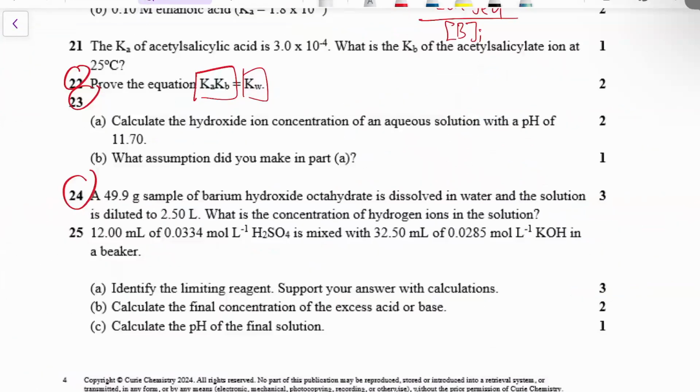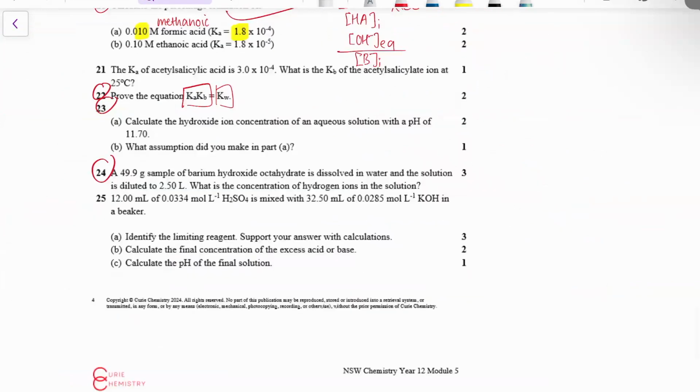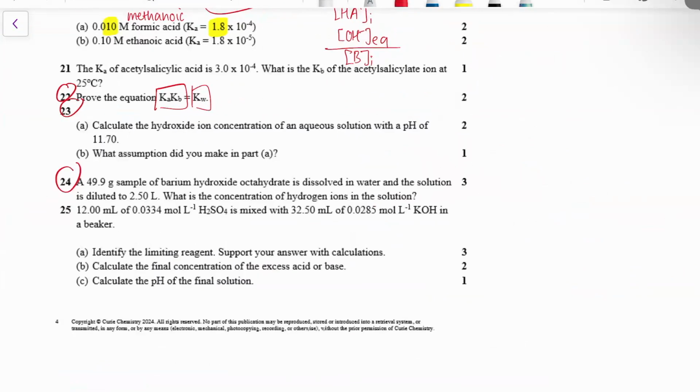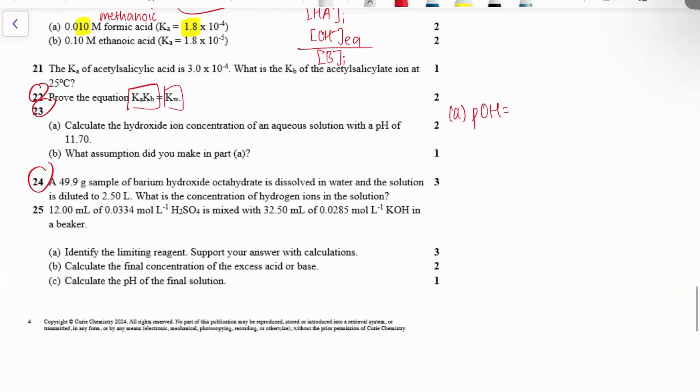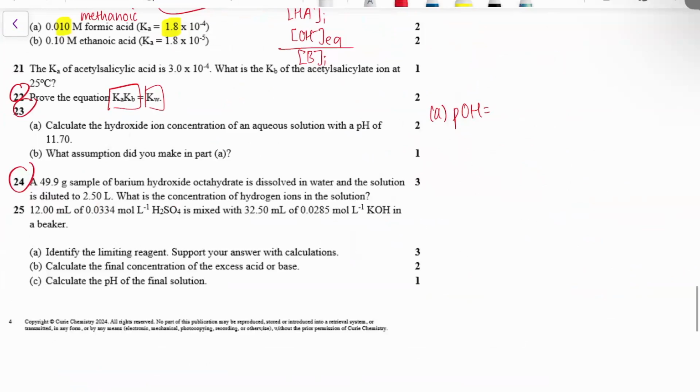23A, calculate the hydroxide ion concentration of an aqueous solution with a pH of 11.7. Hydroxide is OH minus, so I don't want to be working with pH, I want to be working with pOH. pOH is equal to the negative log of OH minus.